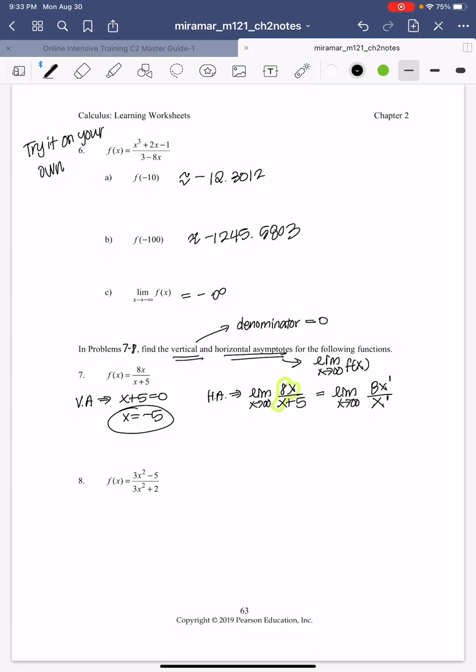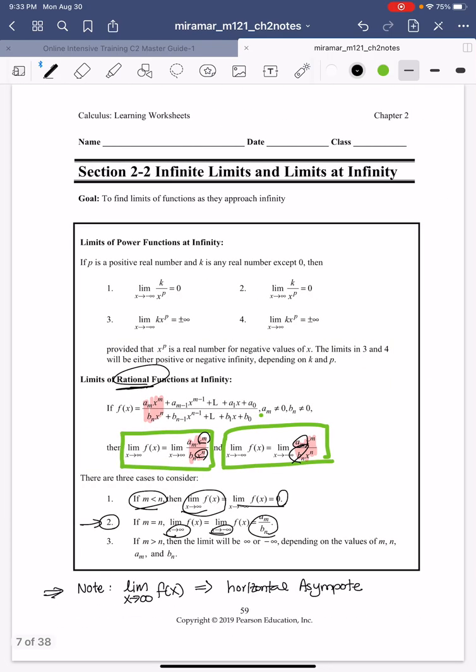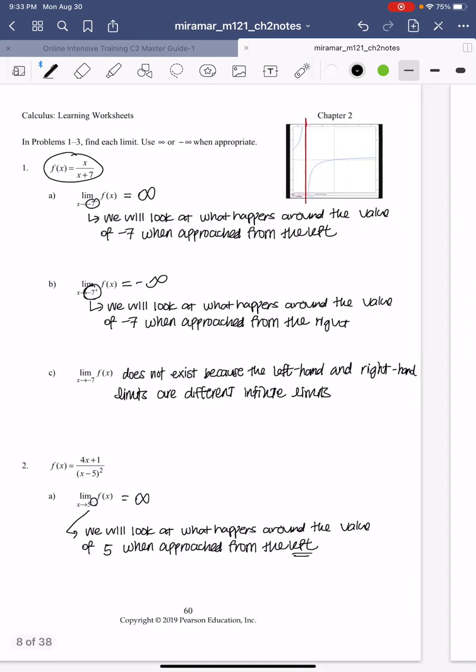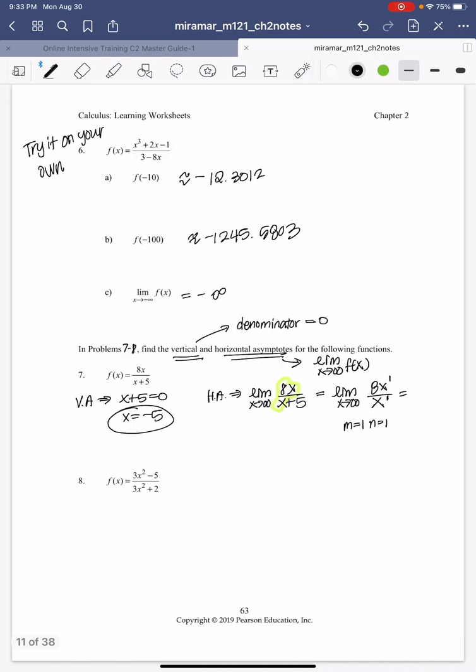They both have the same power, m equals 1, n equals 1. So by case 2, when m and n are the same, our coefficient ratio is our limit. So our coefficients here are 8 and 1. So it will be 8 over 1, or simply 8.